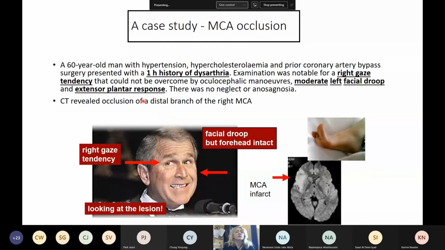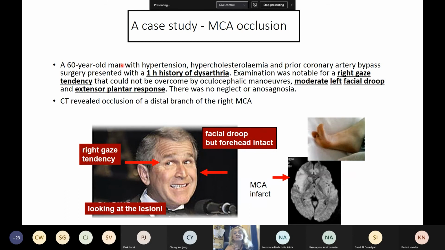Here I show you a case with middle cerebral artery occlusion. These are all risk factors: hypertension, age, hypercholesterolemia, and coronary bypass surgery. This patient had a 1-hour history of dysarthria.